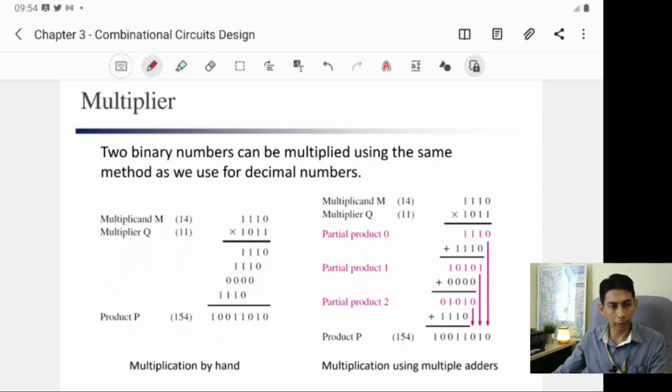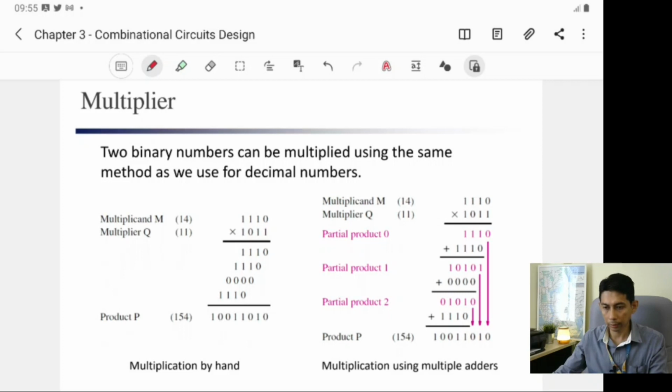So to multiply, of course, you take the multiplicand and multiply with the first digit of the multiplier. So you have 1110 multiplied by 1, and of course you get the number back, 1110. Next, you multiply the multiplicand with the second digit of the multiplier, which is this one.